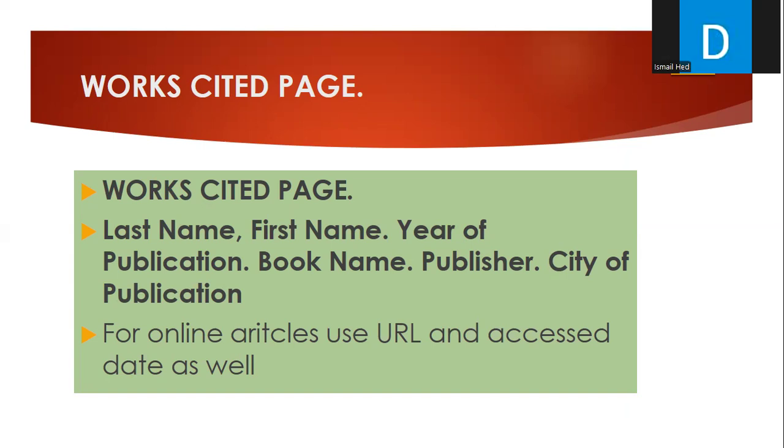Similarly, if you're following some online resources, you are going to give the URL in connection with the name of the author, the name of the publisher, and the title of that particular study, and also the date on which you accessed the database from where you downloaded that particular book or article.